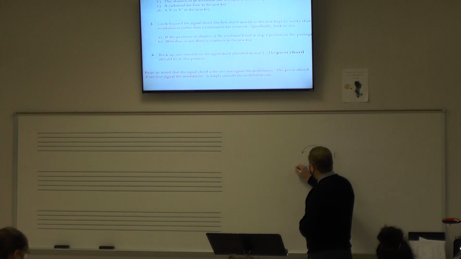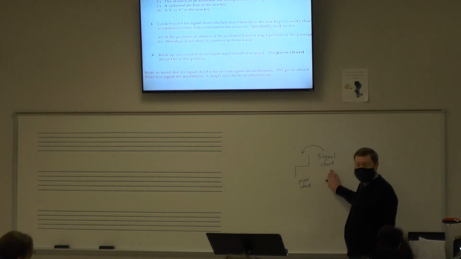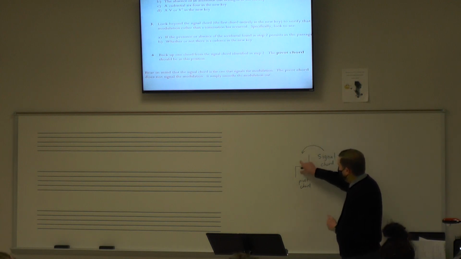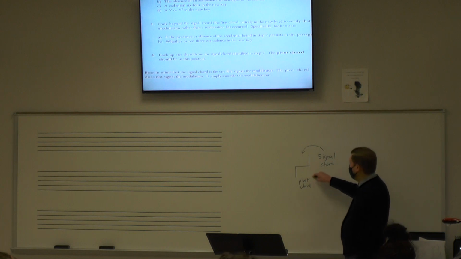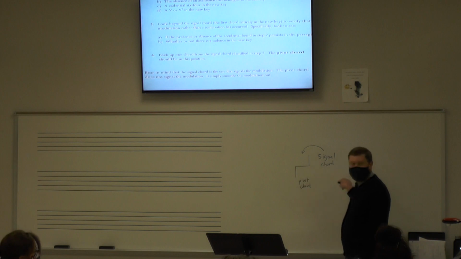So it's going to look something like this. This chord is going to have an accidental, or it's going to be a chord that alerts you to the fact that, hey, we're not in the old key anymore. Once you find this chord, back up one chord, and that's typically where the pivot chord is. It's a chord that functions smoothly in both the old key and whatever the new key is.